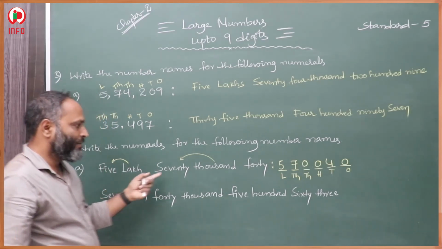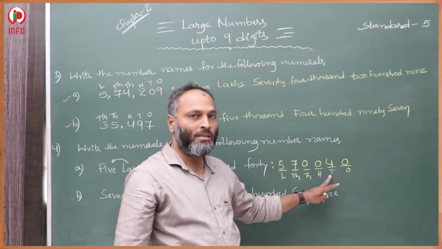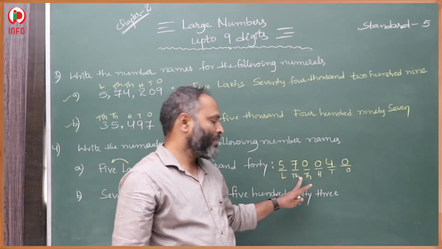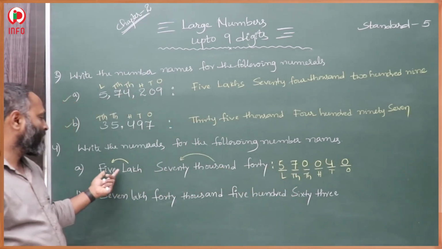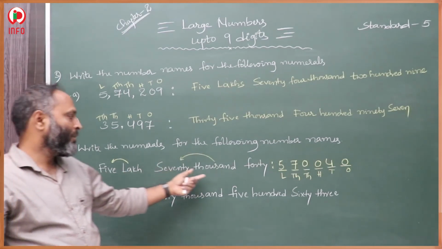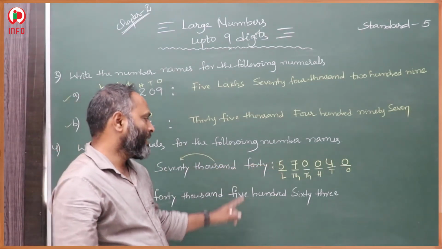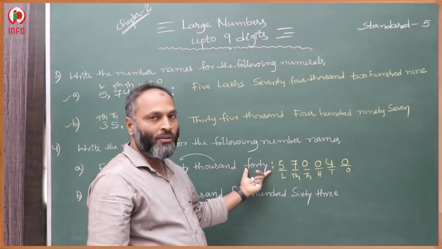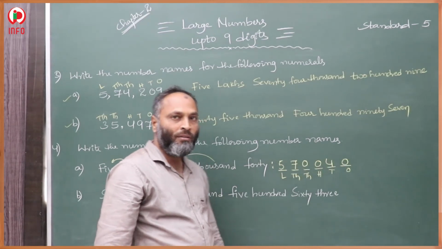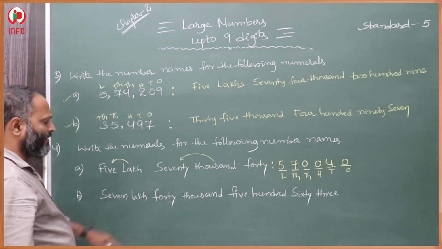First what is there? Lakh is there. First we prepare place values till lakhs: ones, tens, 100, 1000, 10,000 and lakh. What is in the lakhs place? 5. In the thousand period, 70,000. There is no 100, so the 100's place is 0, and at last 40 is there. And here, 7 lakhs again.